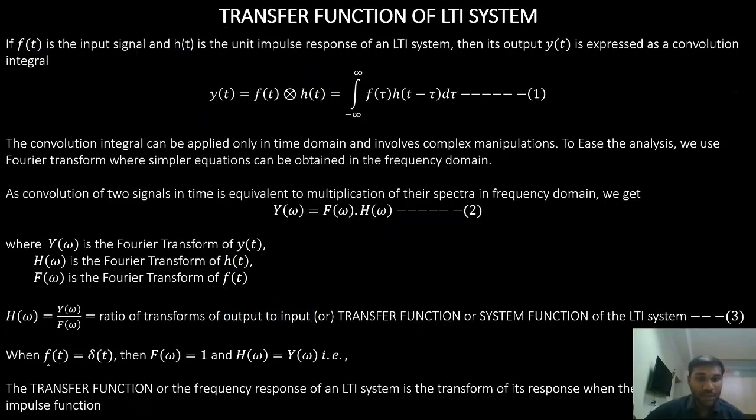When f of t is equal to delta of t, what is the corresponding Fourier transform of f of t? It is 1. The Fourier transform of delta of t is 1. When f of omega is equal to 1, h of omega will become y of omega. That is the transfer function or the frequency response of the LTI system.